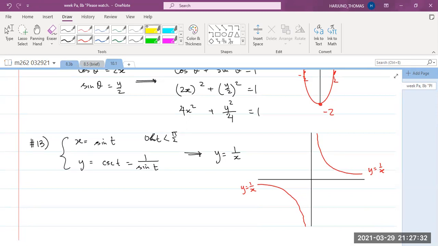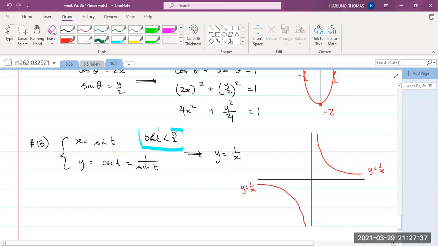But once we start talking about this restriction here, t is from 0 to pi over 2, right? Then x will be from 0 to 1. You see what I mean? Not including 0 and not including 1. So it will be only this part up to here.